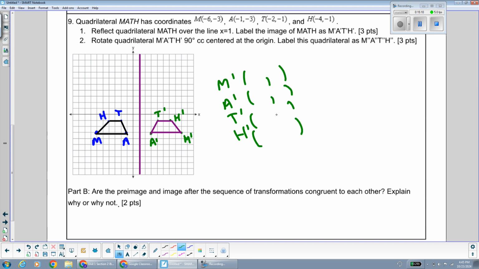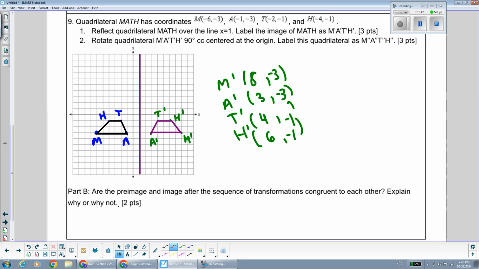So definitely make sure that you write down your coordinates. 1, 2, 3, 4, 5, 6, 7, 8, -3. 1, 2, 3, -3. 4, -1. And it'll be helpful for the rotation. You'll see why in a second.